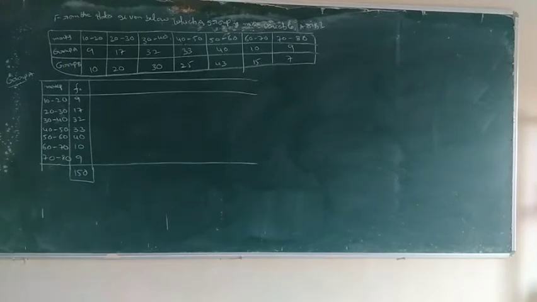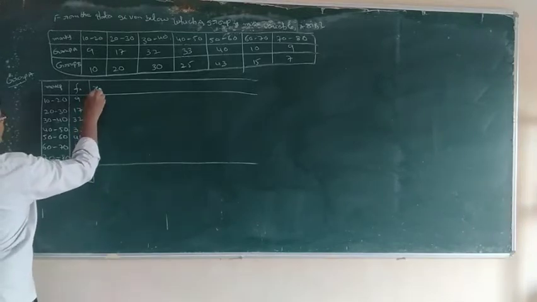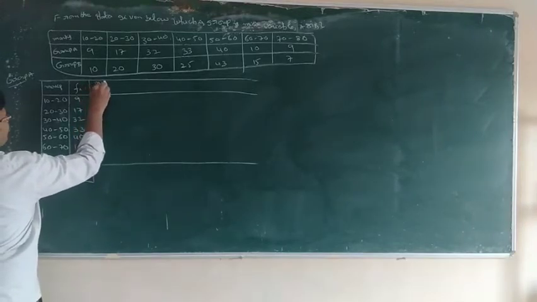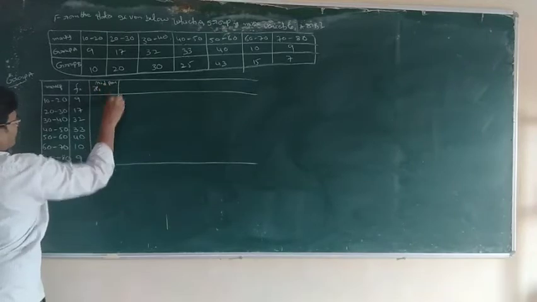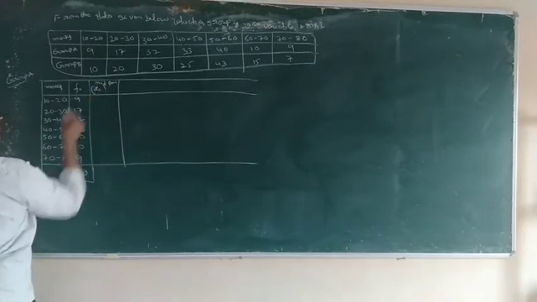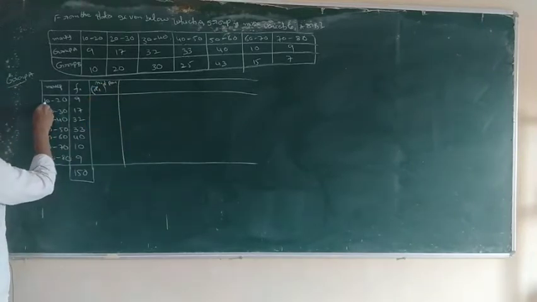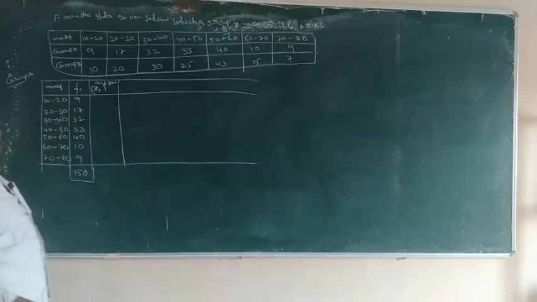Next, first we have to find the mean, and xi. Xi is nothing but the midpoints. How to find midpoints?